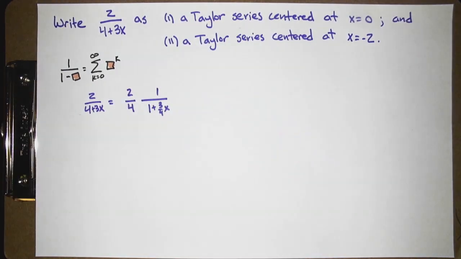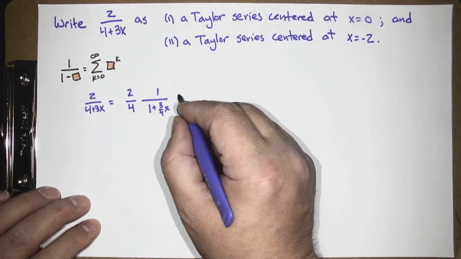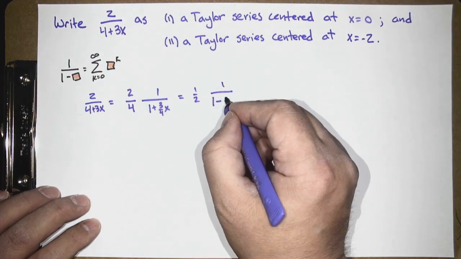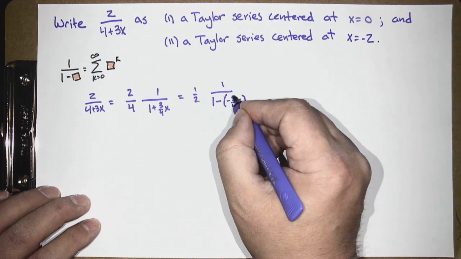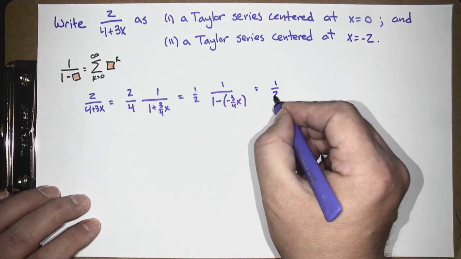All right. It does feel more geometric-y, yes. But what else do we need? Yeah, we have to fix the minus, which we talked about before. So this is 1/2, 1 over 1 minus 3/4 x. And now we're like, oh, perfect.